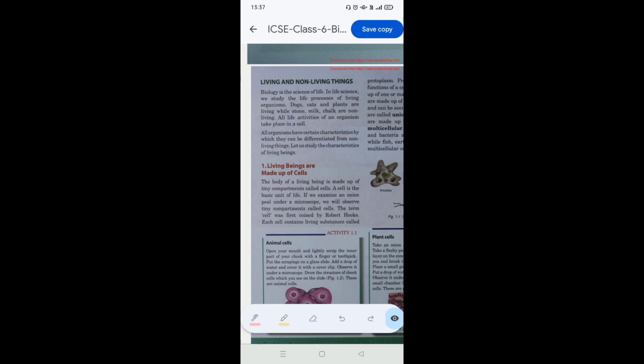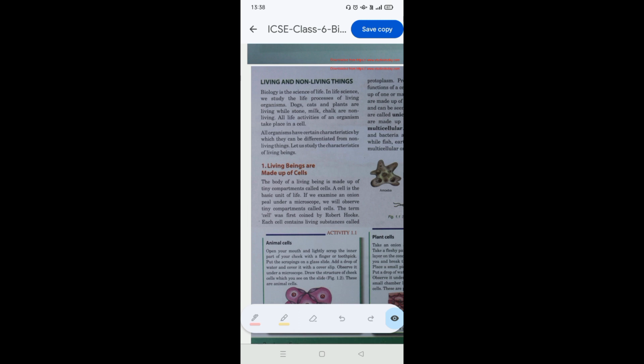Here they have compared and contrasted living and non-living things. In case of living things or living organisms, dogs, cats, and plants, so dogs and cats come under the category of animals, and plants are living, whereas stone, milk, chalk are non-living.